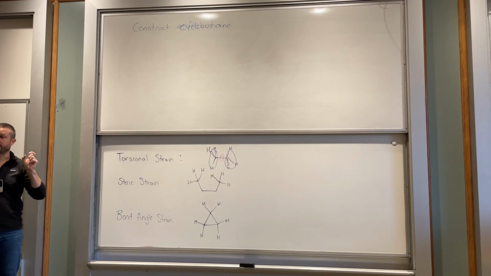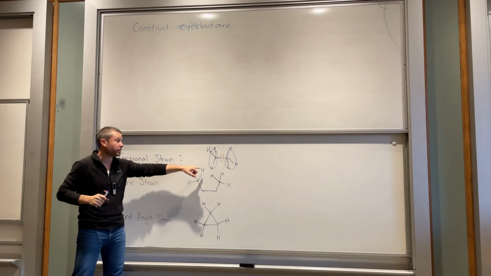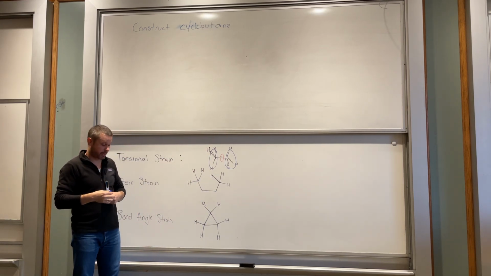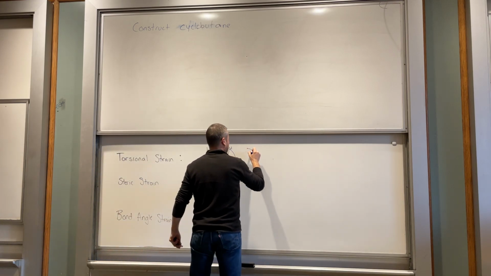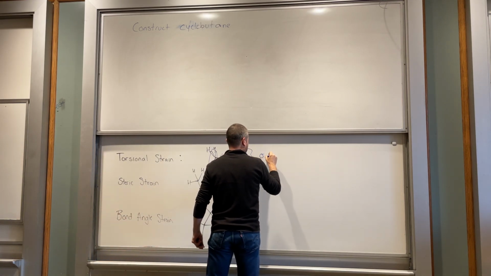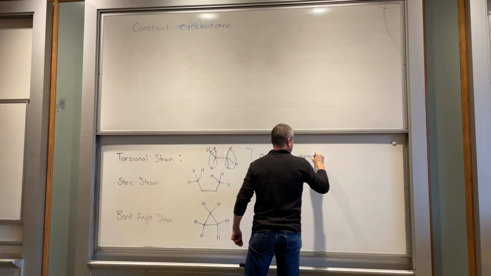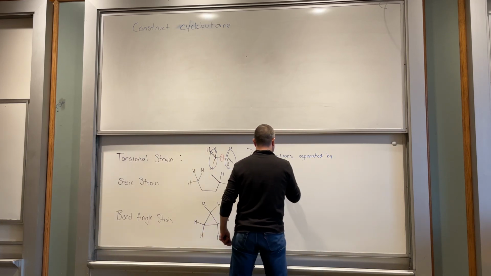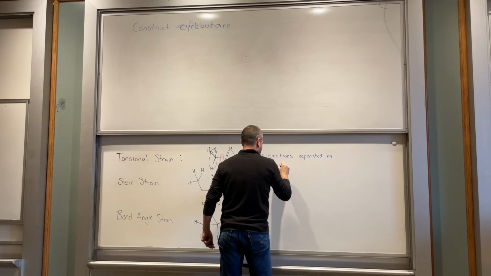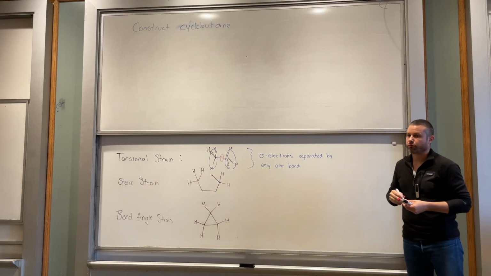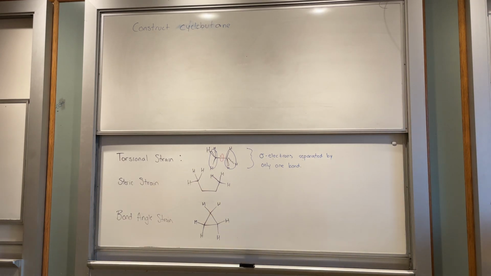It's only looking at that specific interaction of the sigma bonds on two bonded atoms. It specifically defines the interaction of sigma electrons separated by only one and not more than one bond. Okay, that's all torsional strain.